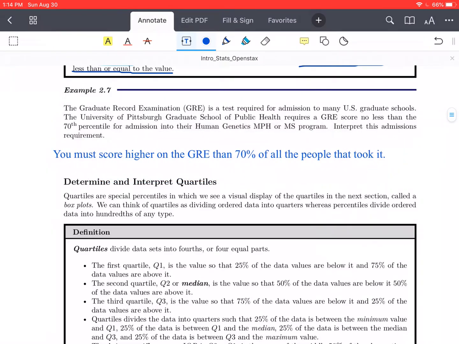Okay, so it's not about the actual score you got necessarily, it's about how you did comparatively. Okay, so that's what we mean when we say percentile.